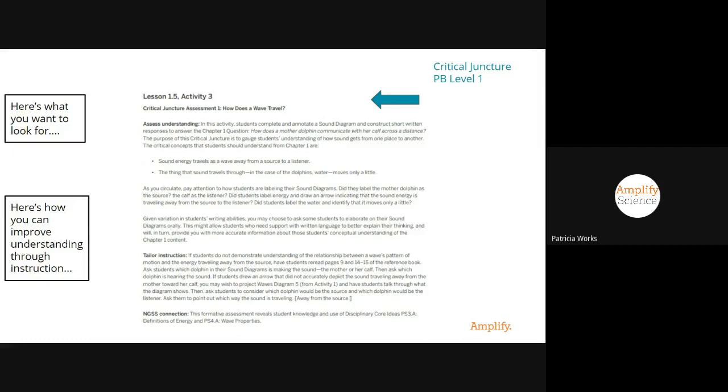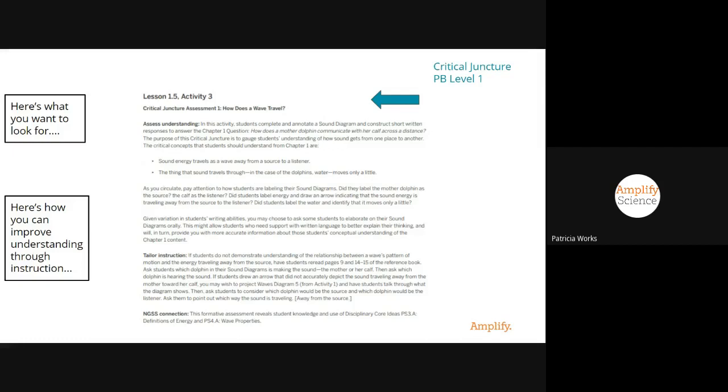So in this assessment, you project page 19 from the student investigation notebook, and students label the drawing and describe how the sound gets to the calf, telling what's moving a little and what the sound is traveling through. This assessment suggests having students elaborate orally to make sure you have accurate information about student thoughts, particularly to help those who may have challenges in getting the information down in writing.